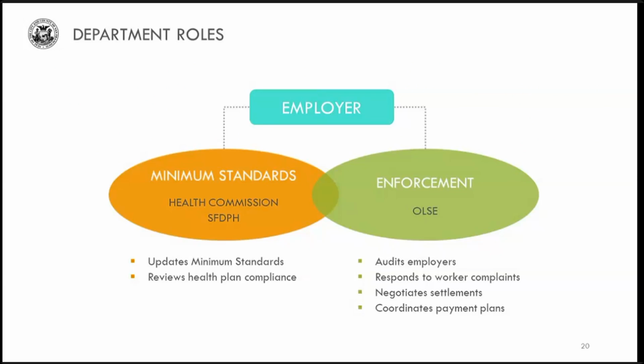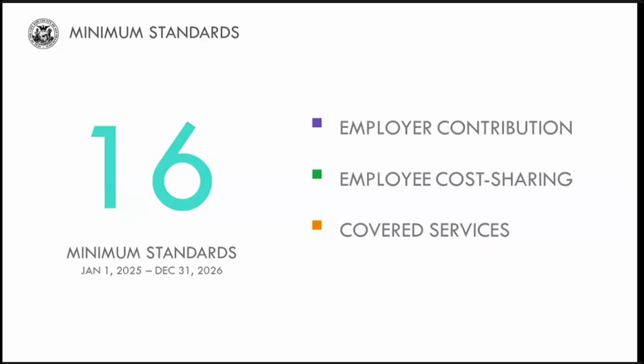OLSE is more focused on enforcement and engages in actions like responding to worker complaints and auditing employers. If you have questions about how a current or potential health care plan complies with the standards, you can send them to me as DPH's representative, and I'll have my information listed at the end of these slides.